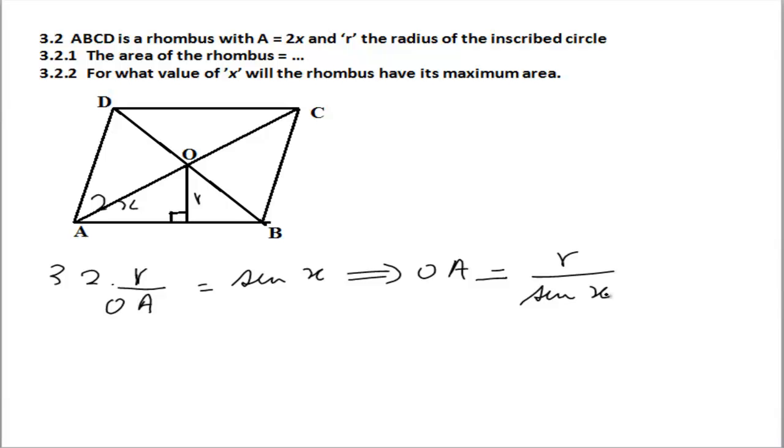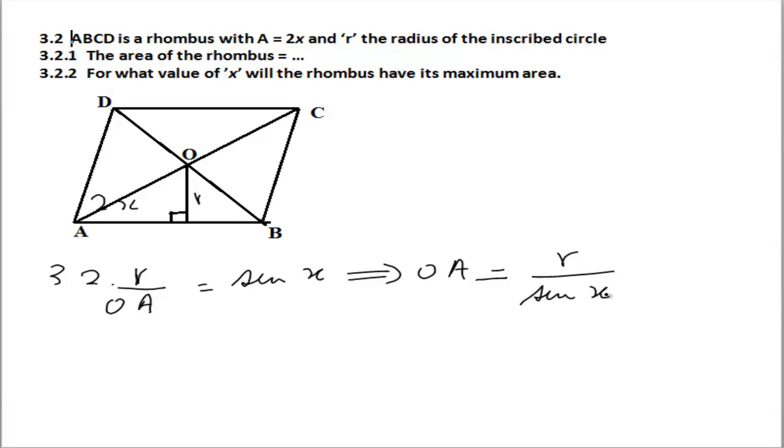Then we now can look at OB. Now if you look at these angles here, you will have x and 90 minus x. Why? Because the diagonals of a rhombus bisect each other at 90 degrees.